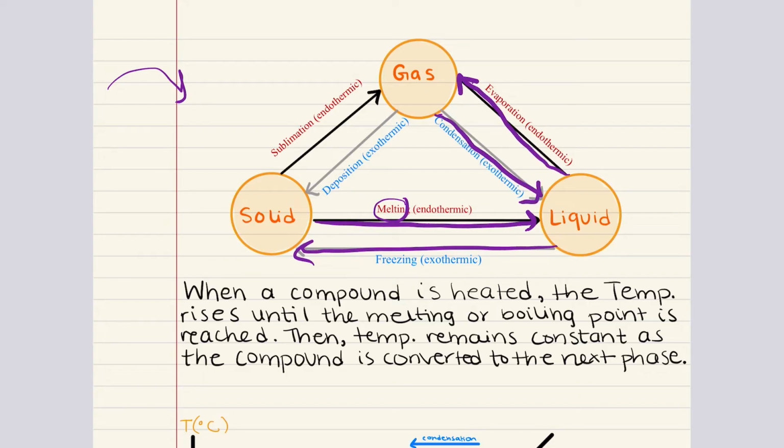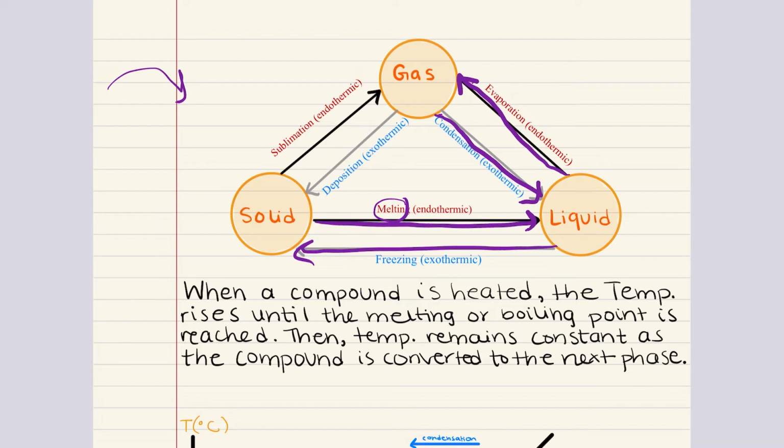This is called condensation. The process of gas turning into a liquid is exothermic, and this is because energy is released as heat when gas molecules lose energy and move closer together to form a liquid.